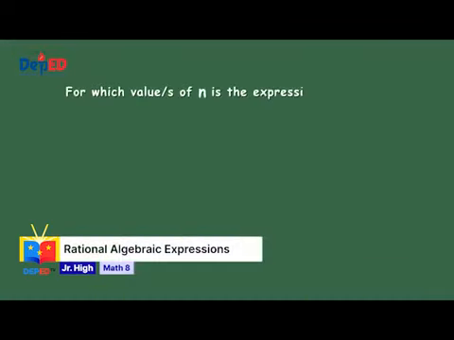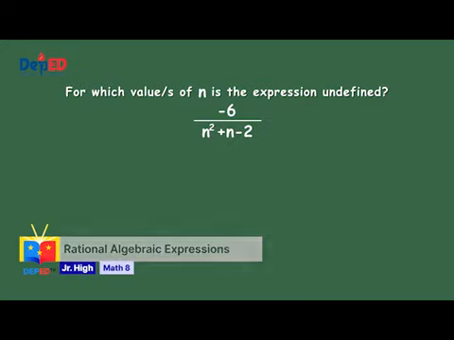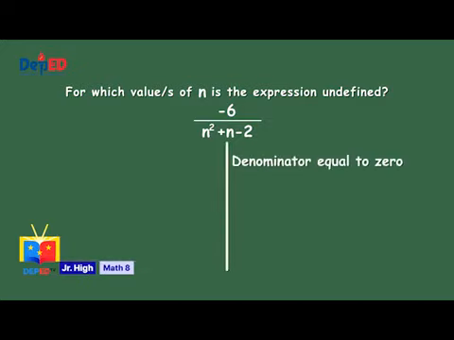For what value or values of n will make the expression negative 6 all over n squared plus n minus 2 undefined? First is to let the expression in the denominator be equal to 0. N squared plus n minus 2 is equal to 0.